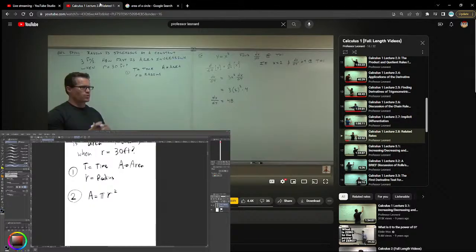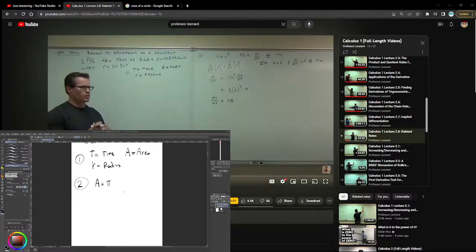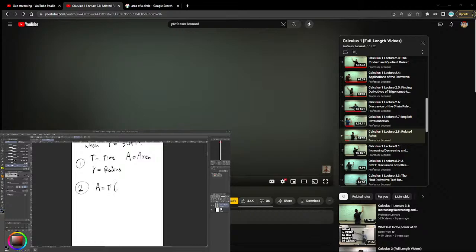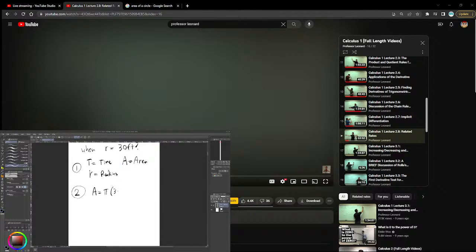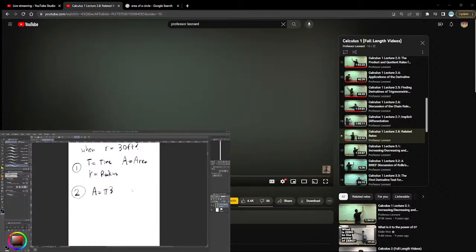Would it be pi 3r squared? Or like pi 3r, or yeah, it's the same thing. And it'll be 3 times the radius.